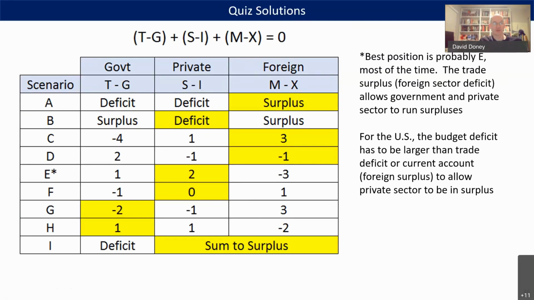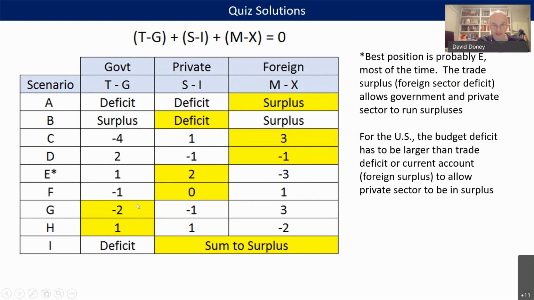I would just need to know the other numbers. What we do know is if the foreign is negative, these other two have to add up to +3. They have a budget deficit, so it's negative. Therefore their private sector has to be positive. They've got a nice positive private sector surplus. I don't know if we've got one in that combination.